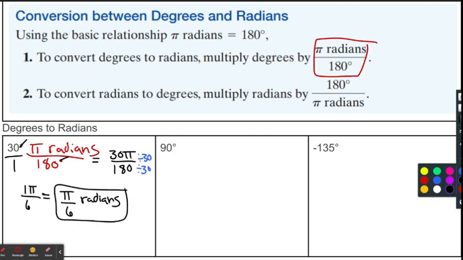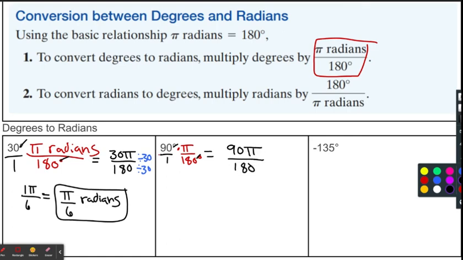All right, so if we repeat that process, let's try it again with 90 degrees. If I multiply it by pi radians over 180 degrees, the degree symbols are going to cancel out. We multiply straight across. So 90 times pi is 90 pi. 1 times 180 is 180.